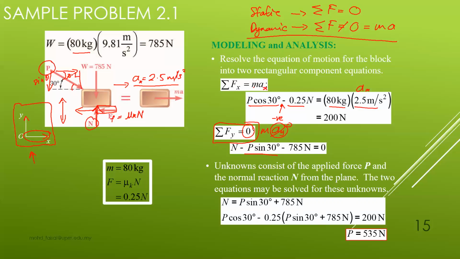And then we also have this W, which is 789 N. How do you get this? It is M times a_y, where a_y is equal to gravity, pointing downward, so it is a negative sign, and everything there equals 0 because there is no motion in the y direction.